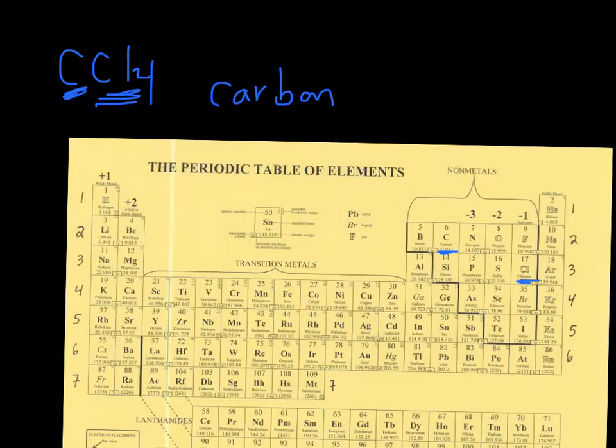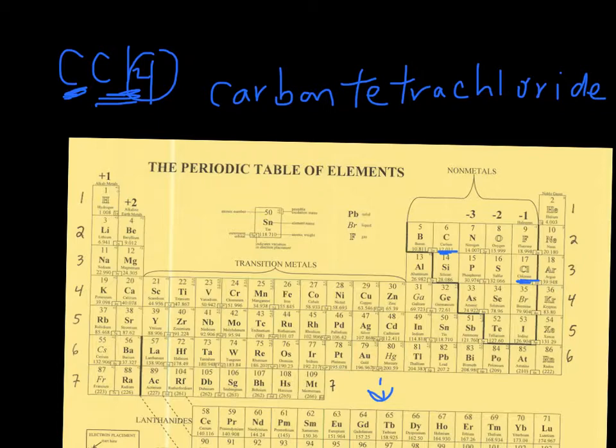Now you have Cl, which is chlorine, but you have 4 of them, so you have to tell me how many there are, and you go down to the bottom of that chart, and 4 is tetra. It's a little bit like Tetris, because there's 4 little blocks in a tetra sheet. So tetrachloride. There also is another way to name this, and we'll learn that in the spring. So you have carbon tetrachloride.